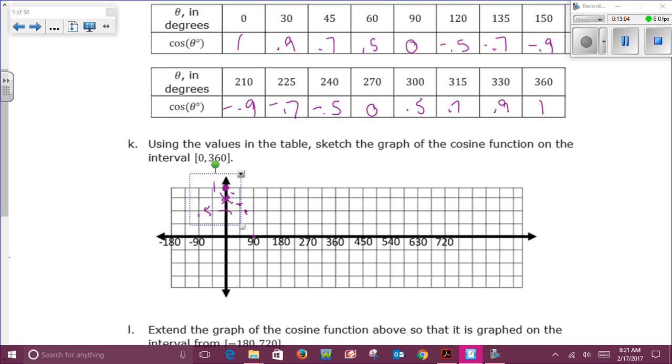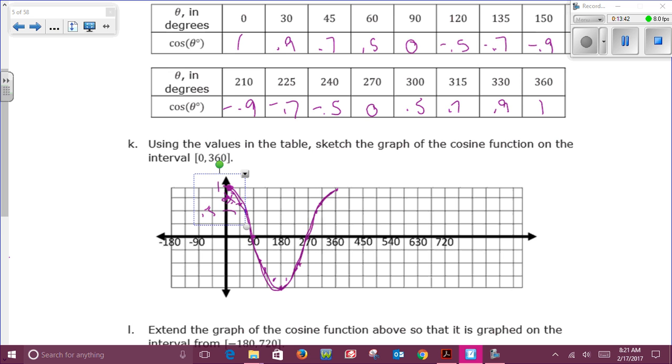And then about halfway in between we're at negative 0.5, negative 0.7, negative 0.9, negative 1, negative 0.9, negative 0.7, negative 0.5, 0, 0.5, 0.7, 0.9, and 1. So this is what my cosine curve looks like.